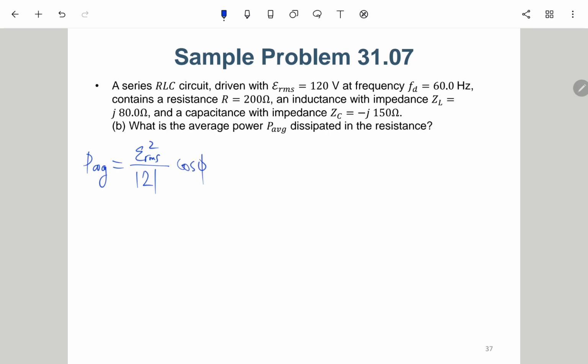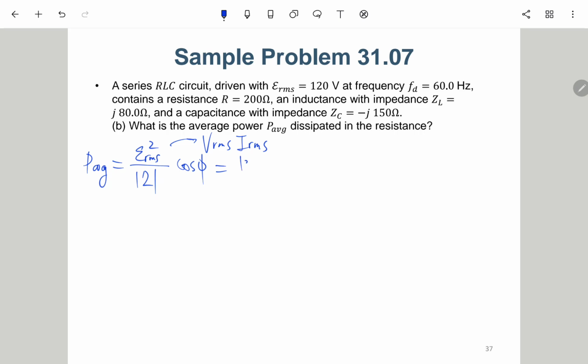You can consider this to be E RMS times I RMS, because E RMS is the V RMS, and I RMS will be E RMS divided by the absolute value of Z. So we need to multiply the power factor here.